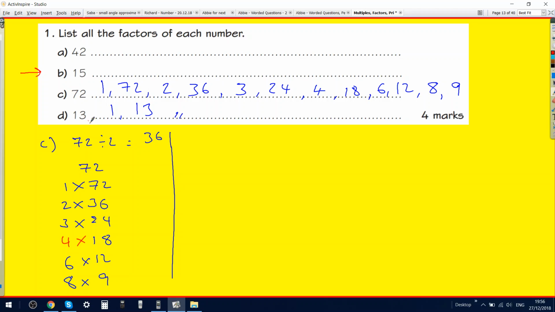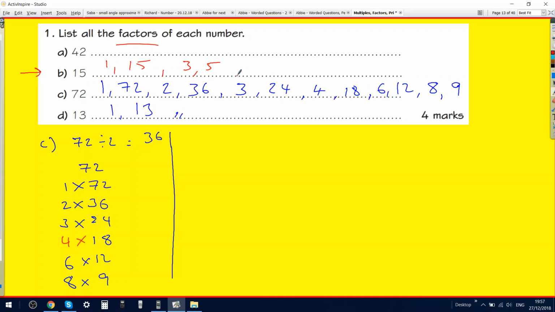Okay, let's do part B. What are the factors of 15? Well, 1 and 15. 2's not one of them because 15 is not an even number. 3 and 5. 4 is not one either.